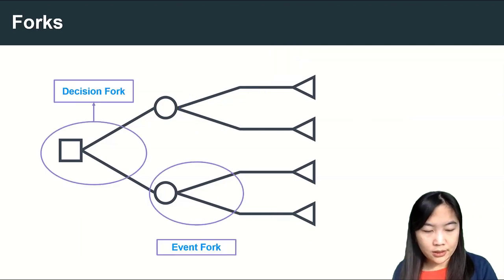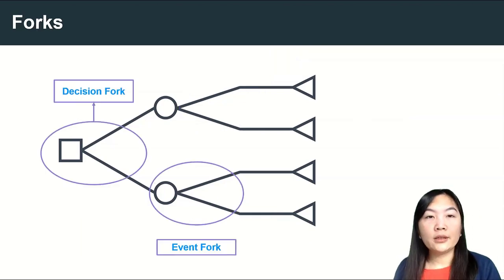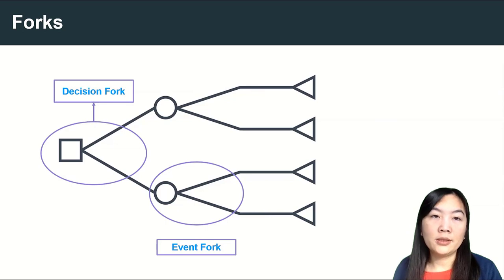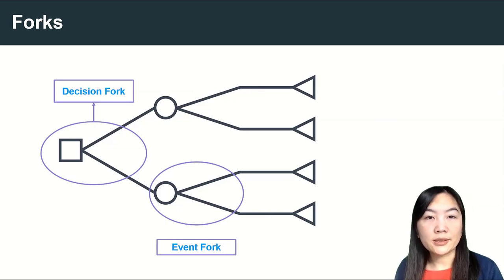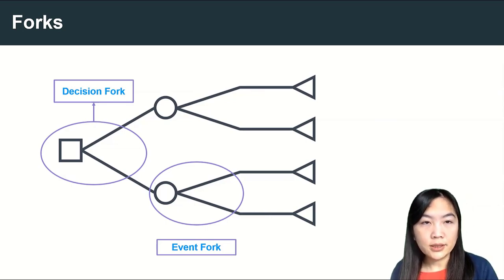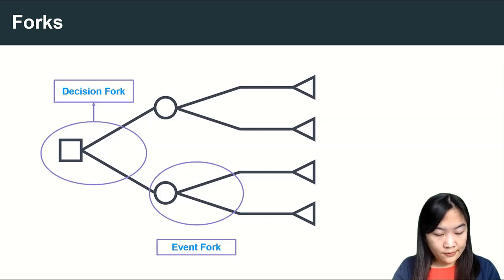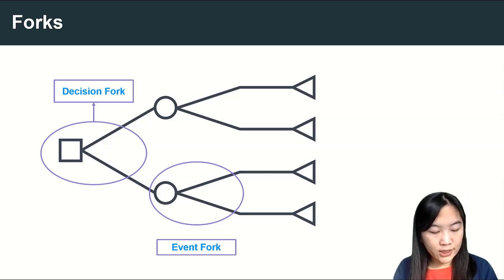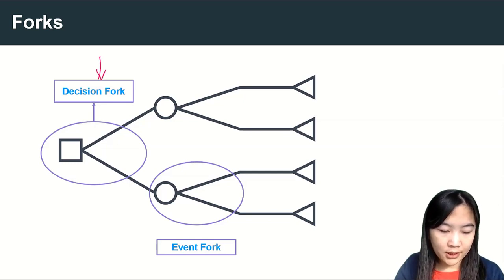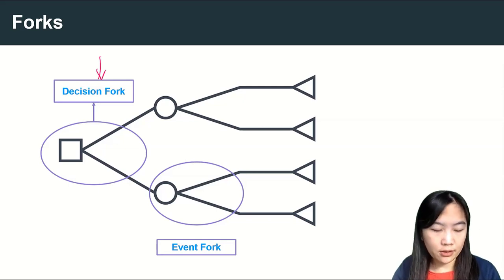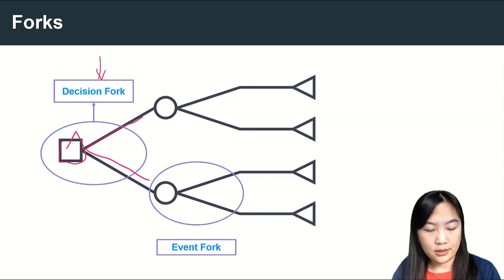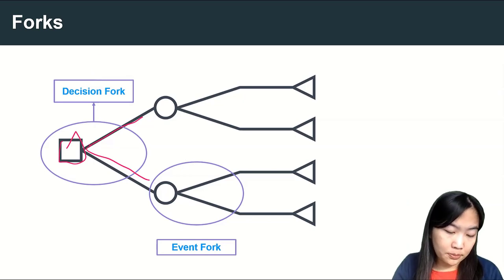And later on, we will show you when you should put those slashes there. And finally, there is what we call in decision tree analysis a fork. There are two different types of forks here. First is a decision fork. It includes the decision node and also the branches there.